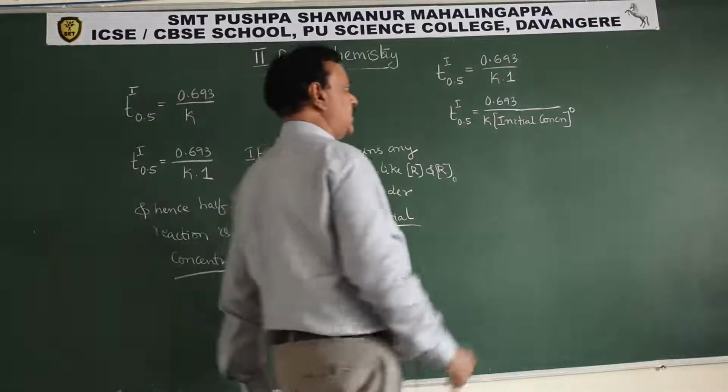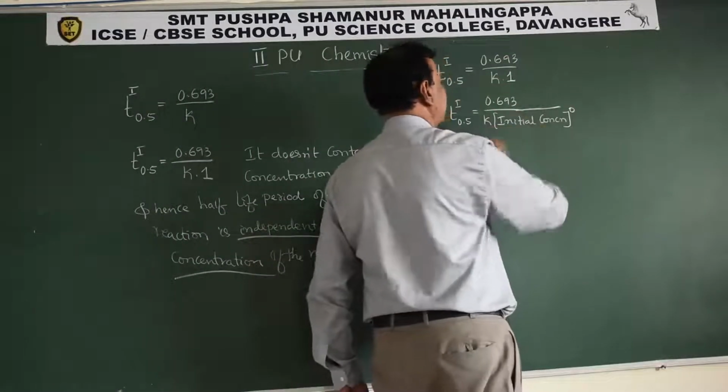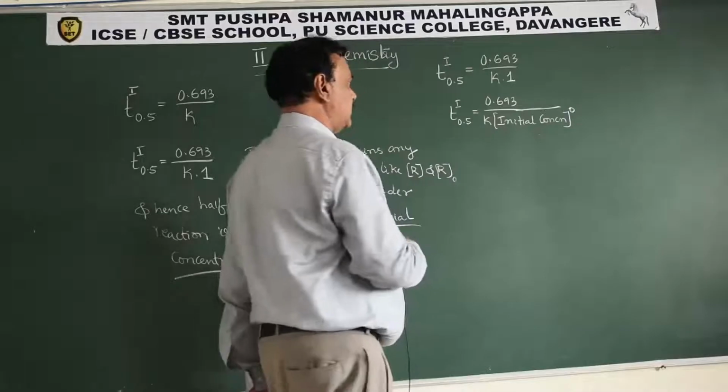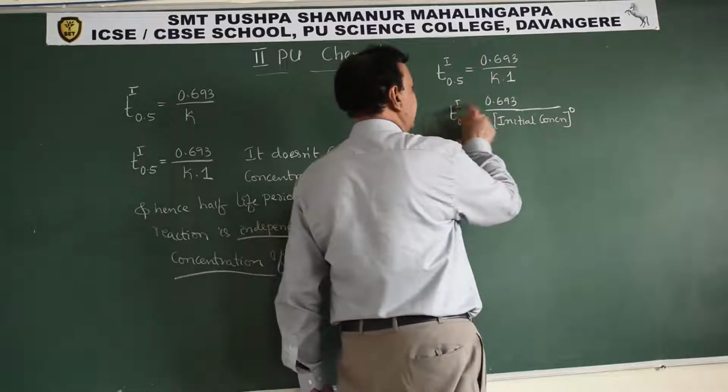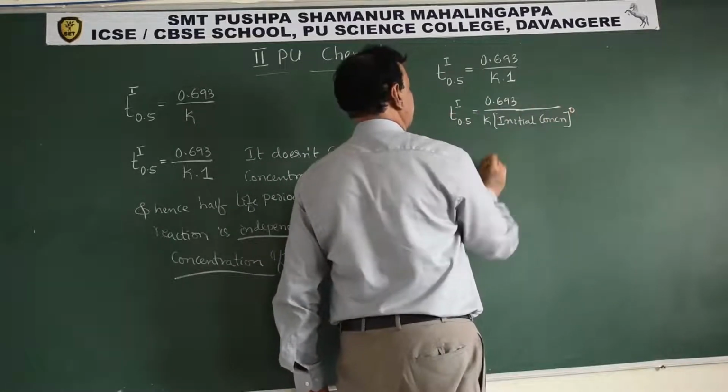If the initial concentration is R0, then R0 to the power 0. See, if it is a first order reaction, then it is 0.